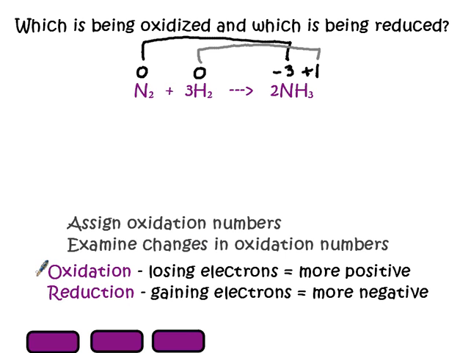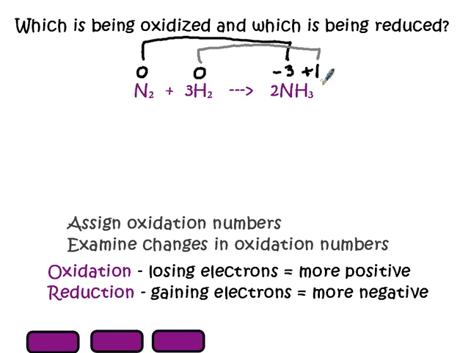And down here, I have our last little thought with this so that we can identify which one's being oxidized, which one's being reduced. Oxidation, when you lose electrons, then overall it's going to become more positive. So in this case, the hydrogen went from 0 to +1, it became a +1, a more positive value.